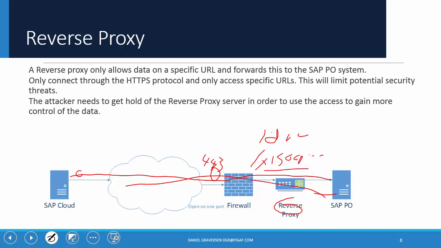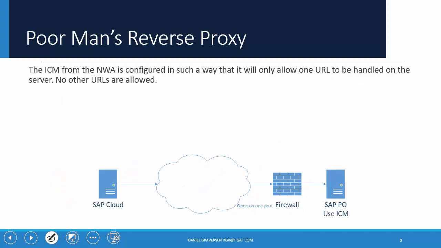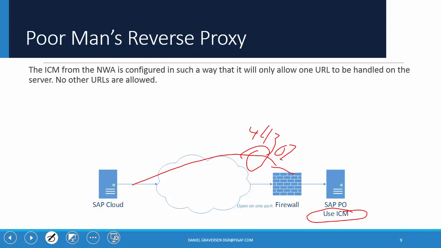So we didn't have a reverse proxy and we didn't want to get the infrastructure up in place. So what we did was we essentially used the ICM, which is the web dispatcher of the PI, to do this kind of filtering. In that one you can create the filter, so we would open port 443 in this one, or whatever it was, I can't remember, something like that.